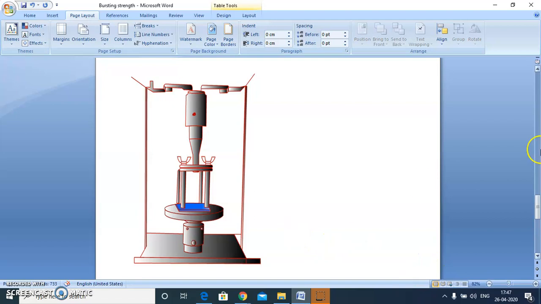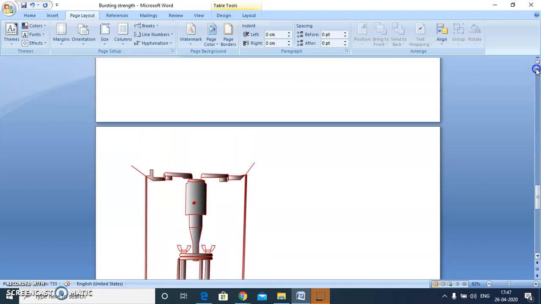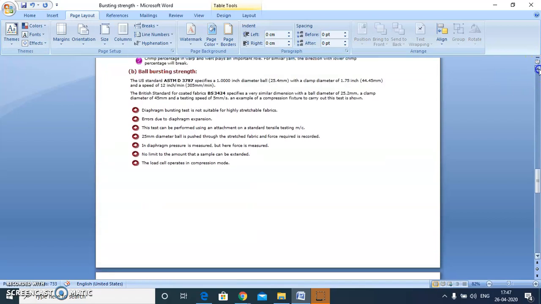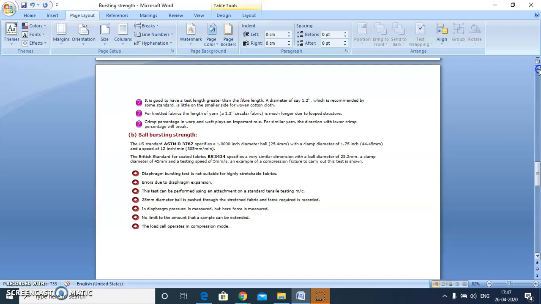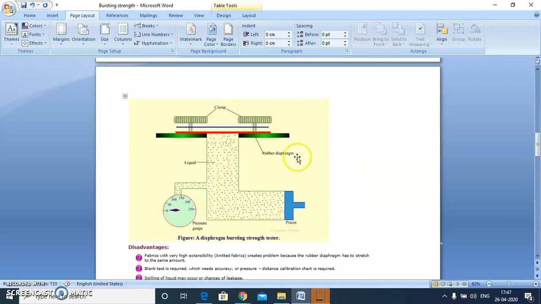The advantage in this case is that the test can be done on a tensile tester with just one attachment. But generally, diaphragm bursting strength is measured, and that instrument is more popular, which we have discussed earlier.